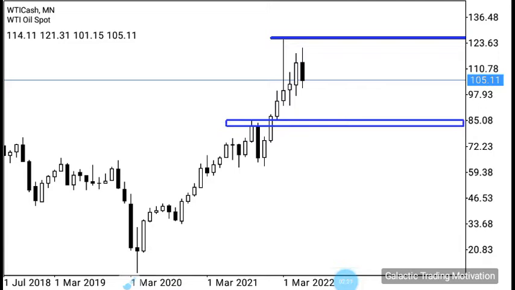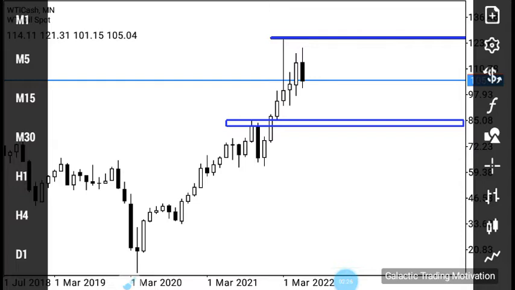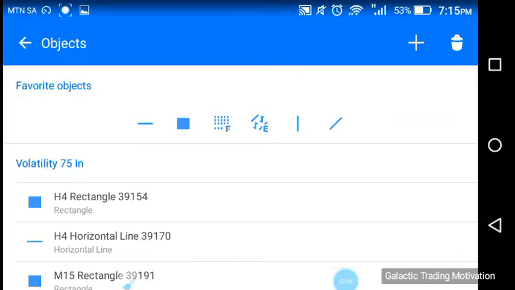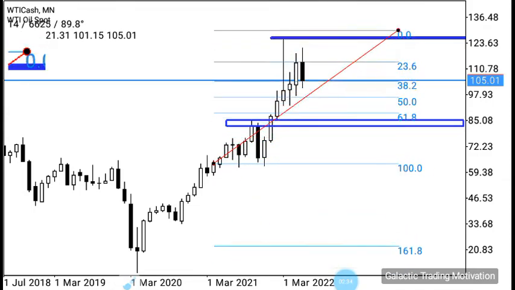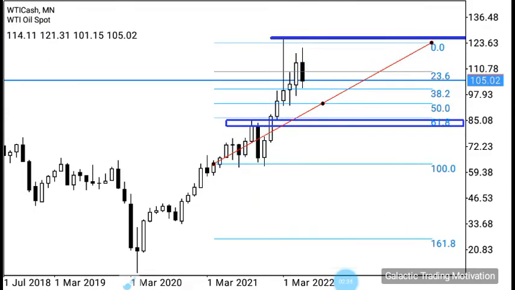The next thing that I'm going to do is add my Fibonacci retracement tool just to see if that neckline aligns with any of the key numbers that we have on the Fibonacci retracement tool. Just bear with me, guys.